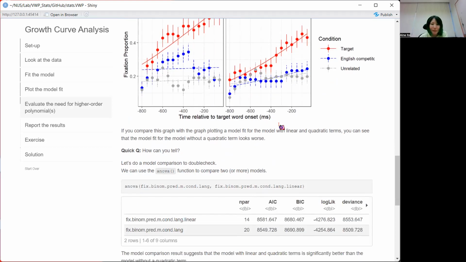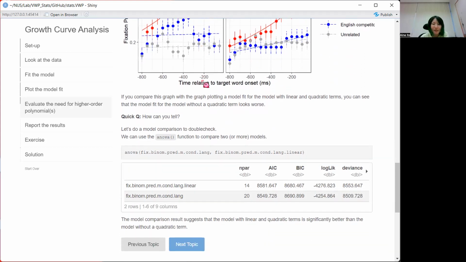That's how we can tell that the quadratic term is necessary for at least one group's data, maybe not so much for the other group's data. We can also do a model comparison just to double check. It may not always be the case that it's so clear that we can see this sort of deviation between the model fit and the actual data. So we can use the model comparison that we also use for LME or GLME. Just use the anova function to compare two models, and it will define the number of parameters.